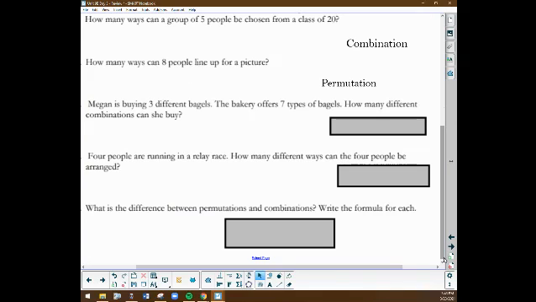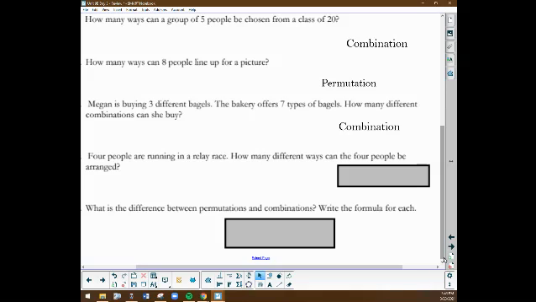Okay, Megan is buying 3 different bagels. The bakery offers 7 types of bagels. How many different combinations can she buy? For this one, you see the word combination. Let me think about it.